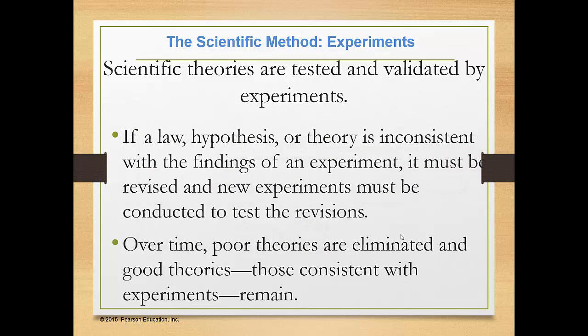So what happens if your findings don't support your law, your hypothesis, or your theory? Well, you can revise it, you can try again. Sometimes, though, it is just so flawed, poor theories just get eliminated. The good theories rise to the surface. So that's why scientific research is so important.